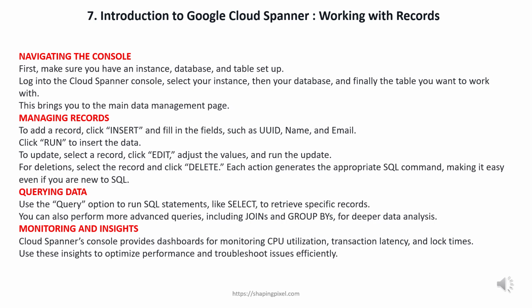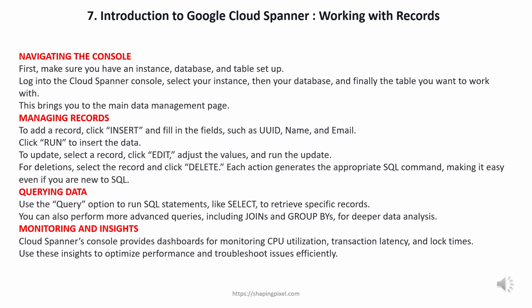Log into the Cloud Spanner console, select your instance, then your database, and finally the table you want to work with. This brings you to the main data management page. To add a record, click Insert and fill in the fields such as UUID, name, and email. Click Run to insert the data.